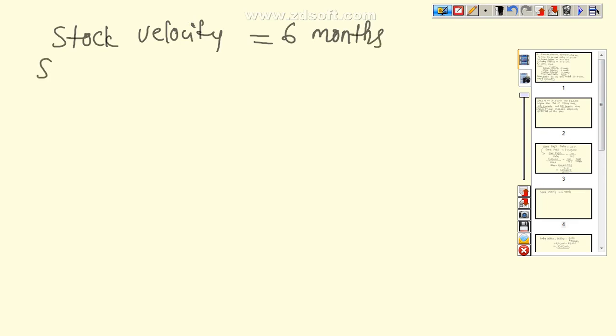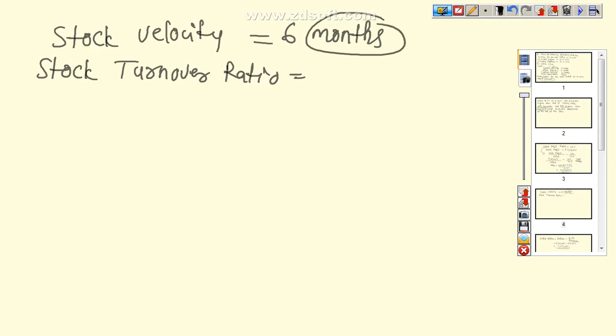Now how to calculate the stock turnover ratio? If velocity is given in months, turnover ratio is equal to 12 upon velocity, that is equal to 2.